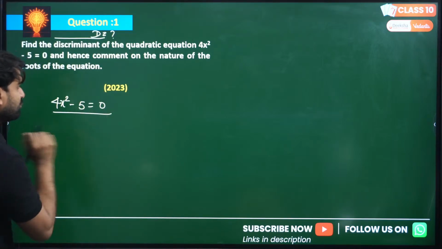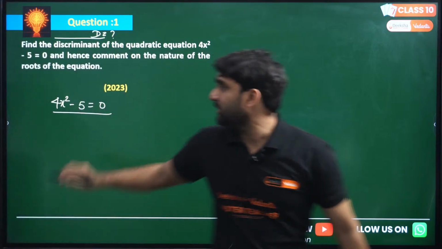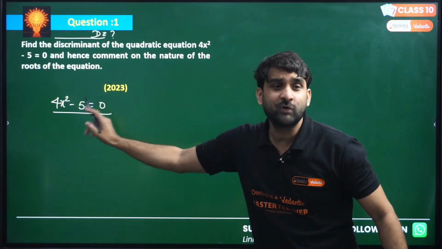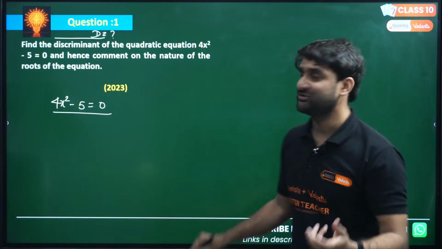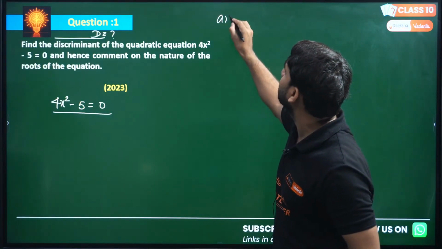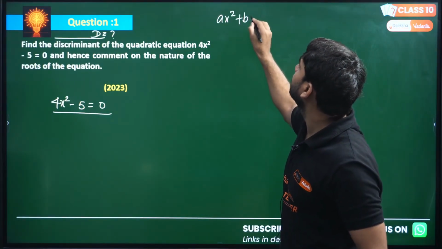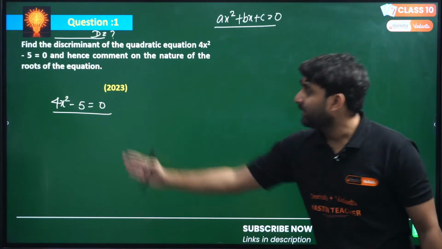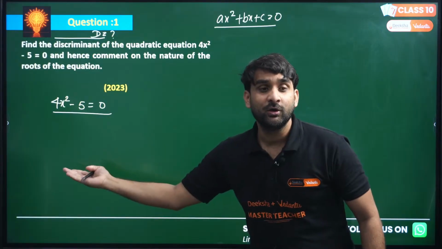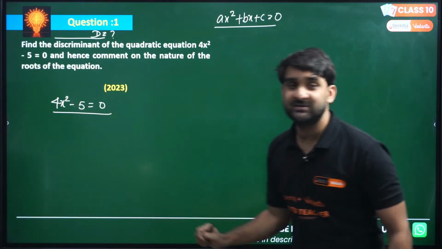Very good. So my dear, listen, look at the quadratic equation, 4x square minus 5 equals 0. And you know what is the general format of a quadratic equation? The general format is ax square plus bx plus c equals 0. But here the x term is not there. Only x square is there, a pure constant is there, x is not there.